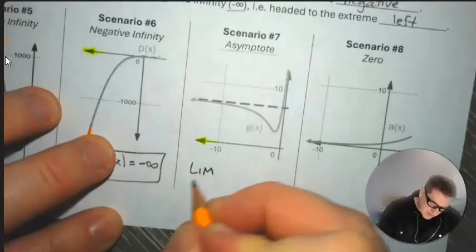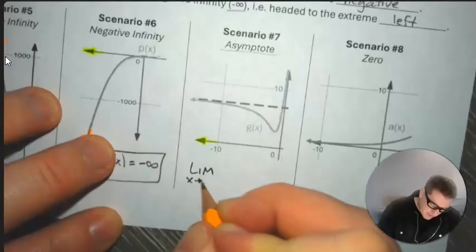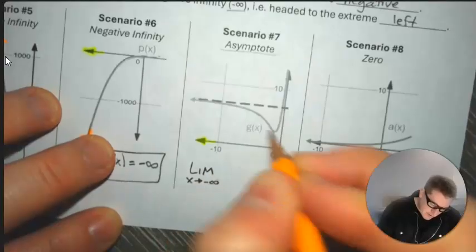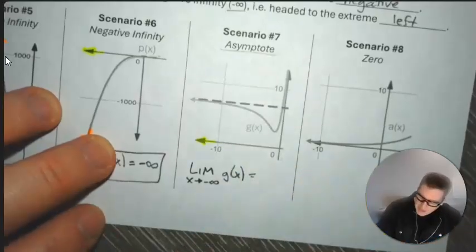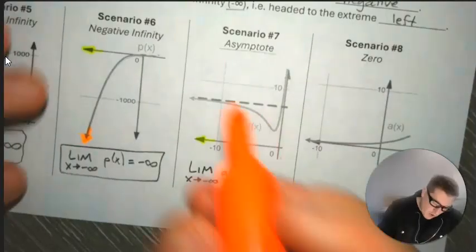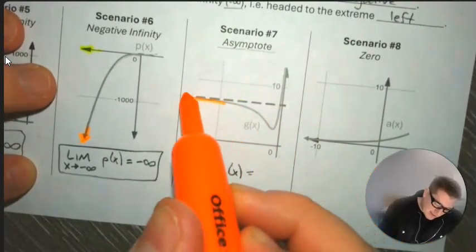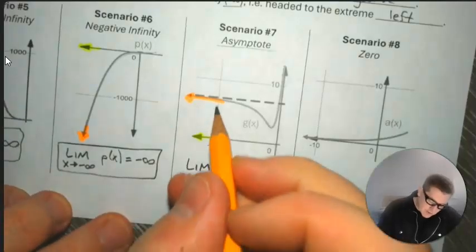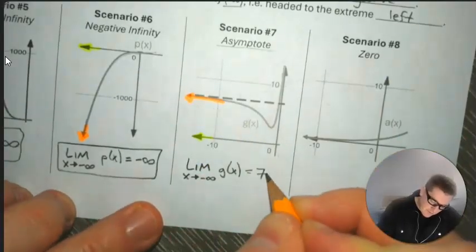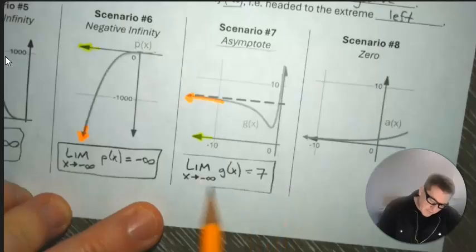So my x is approaching negative infinity. The name of this function is g of x. And my y values won't go above that limit there. It's hitting that asymptote. Let's say this one's about 7. Okay? So it's a number here.